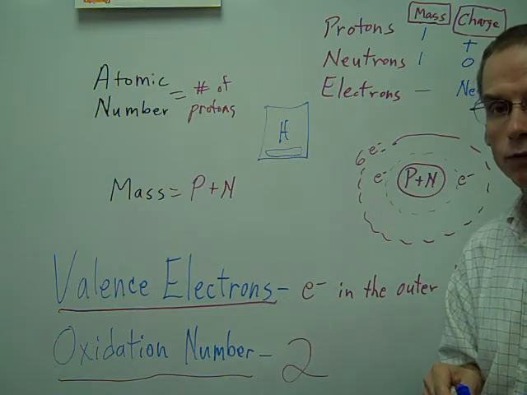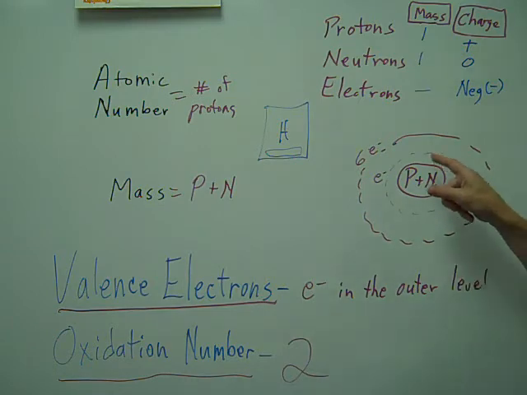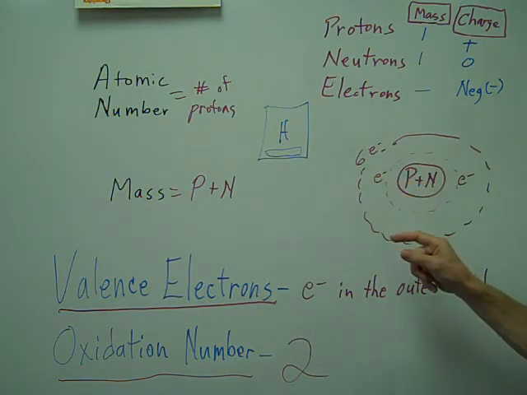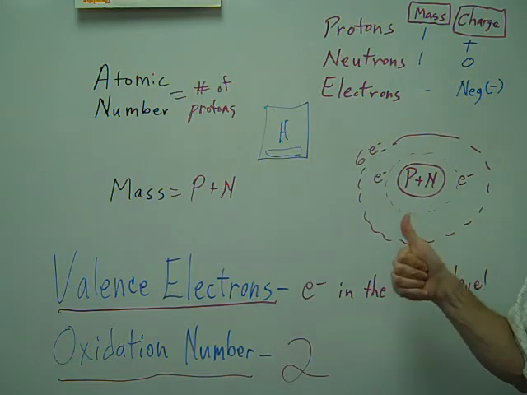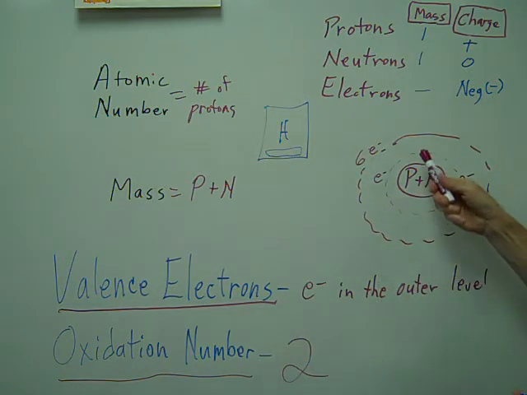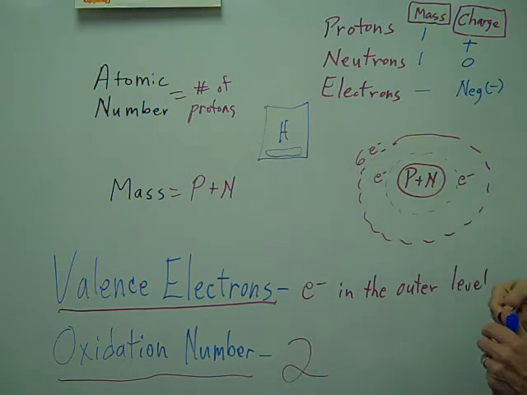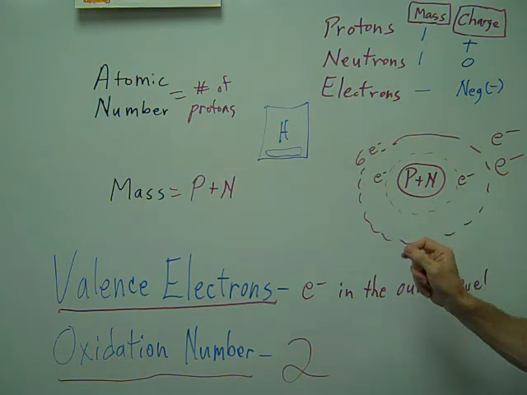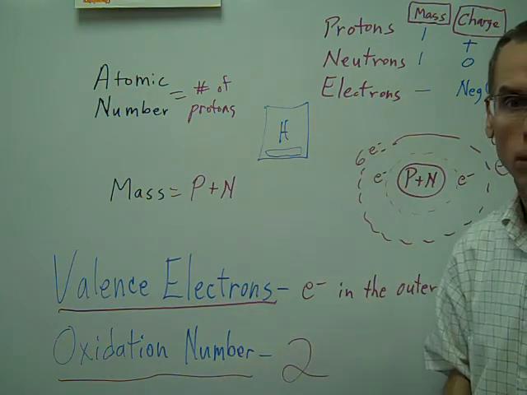Now, where does the 2 come from? Recall that the second outer level of electrons in an atom can hold up to 8. But oxygen only has 6. So it has room for 2 more. The number of electrons it takes to fill up the outermost shell would be the oxidation number.